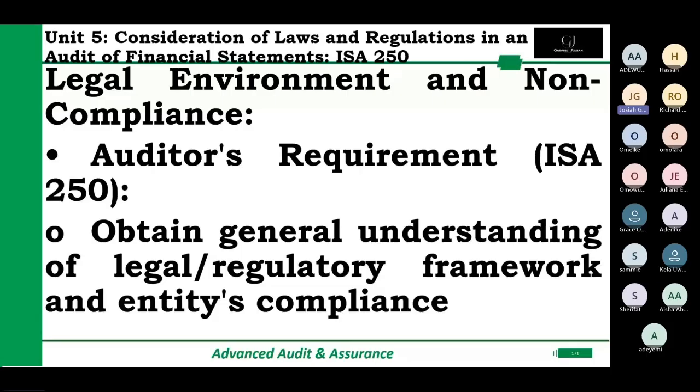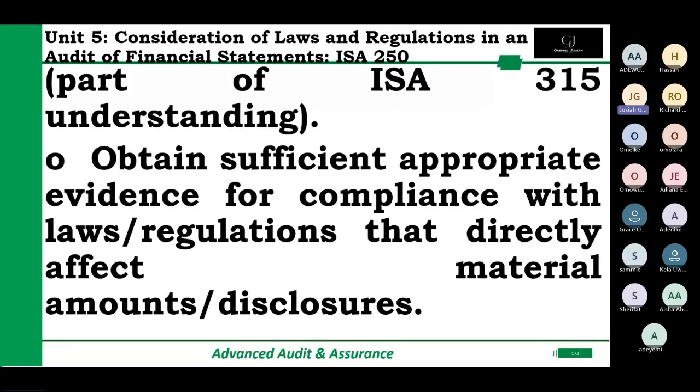So the auditor's requirement based on this ISA is to obtain a general understanding of the legal and regulatory framework of the entity's compliance to laws and regulations. Also, the auditor is to obtain sufficient and appropriate evidence for compliance with these same laws that directly affect material amounts and disclosures.